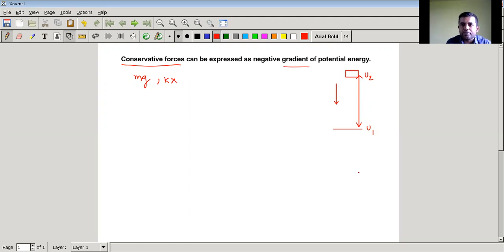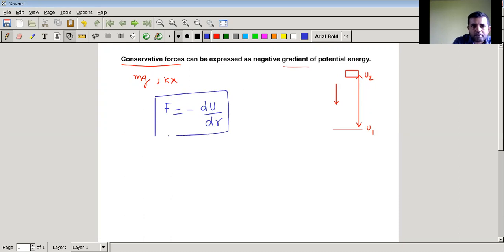So that is a negative gradient. Now, moving on, this can be expressed mathematically like this: F is minus dU by dr.